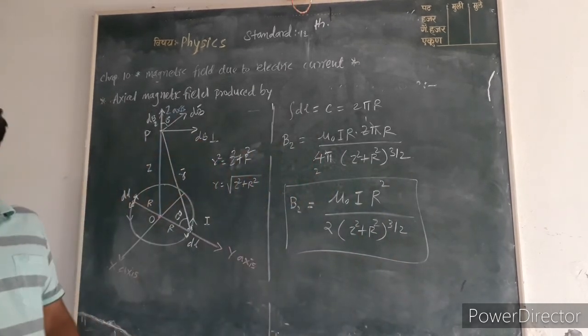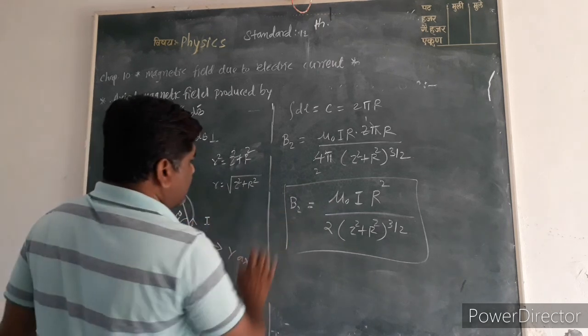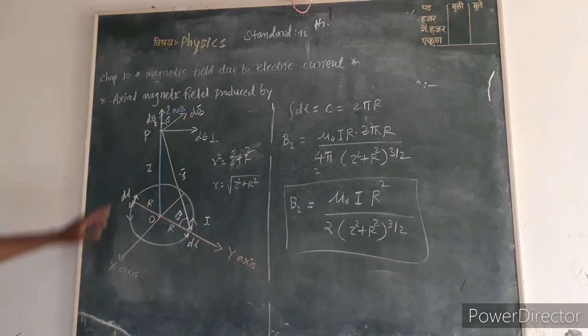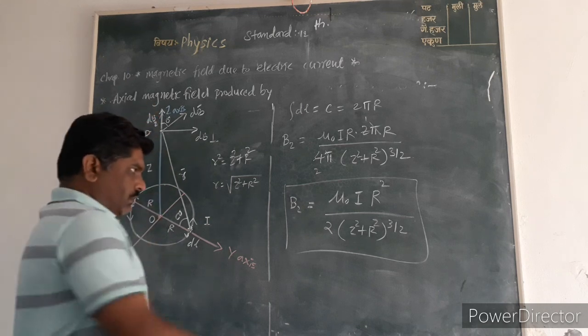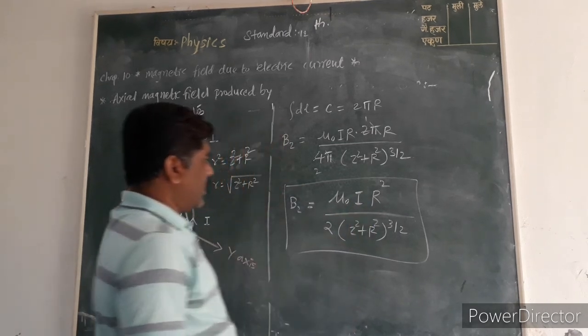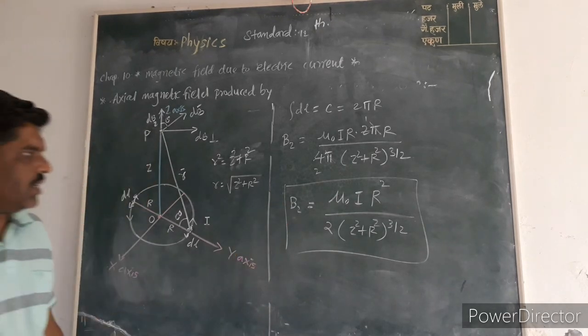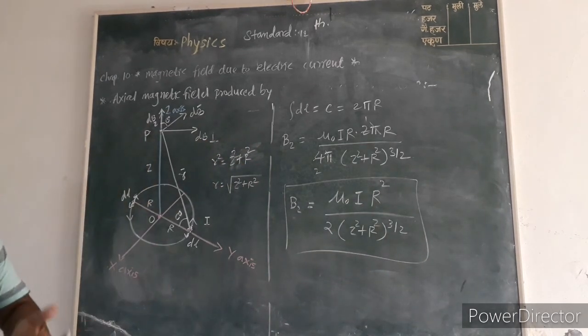This is the final expression of the magnetic field induction at point P along the z-axis, where Bz is the magnetic field induction, mu 0 is a constant, I is the current, and R is the radius of the circular path. This is the axial magnetic field produced by a circular loop along the z-axis.